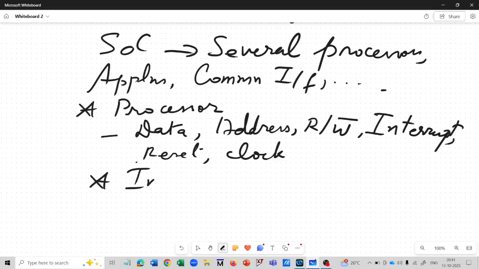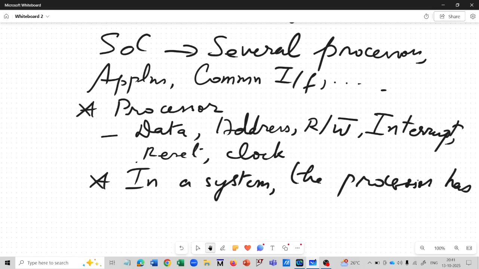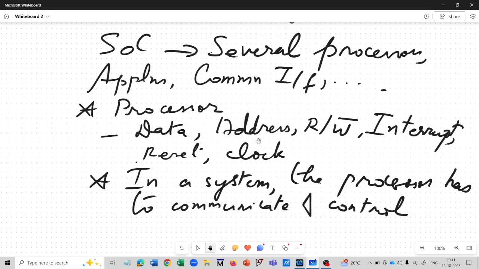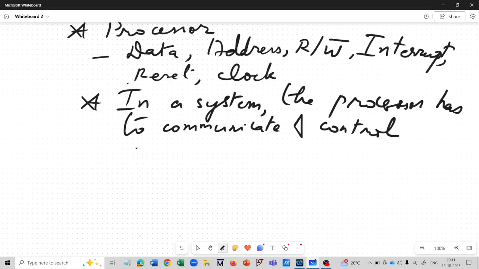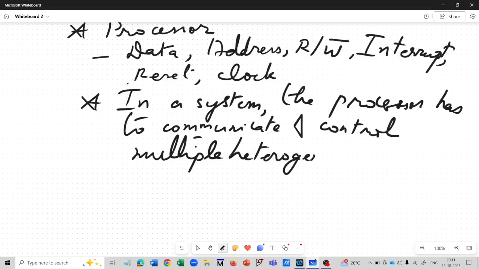So in any system, the processor has to communicate with and control multiple heterogeneous devices and peripherals.